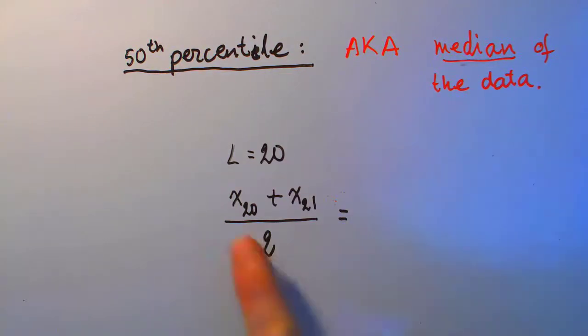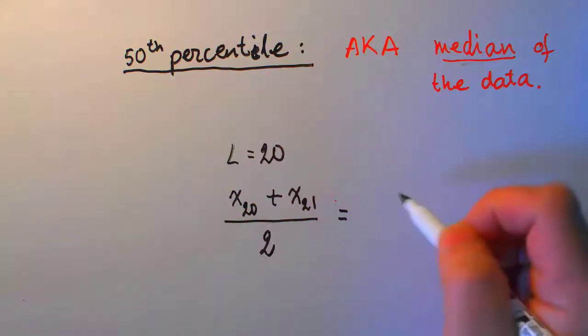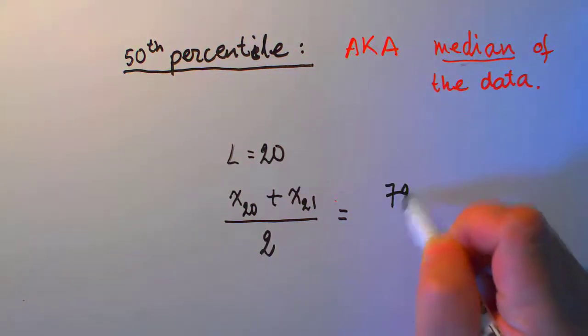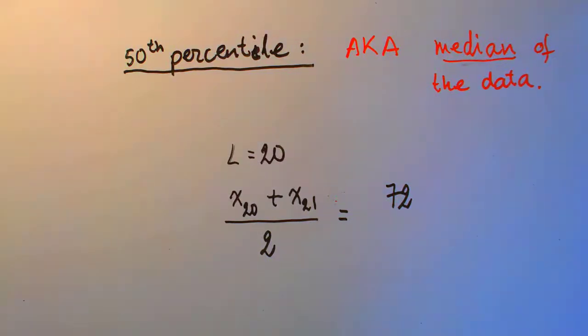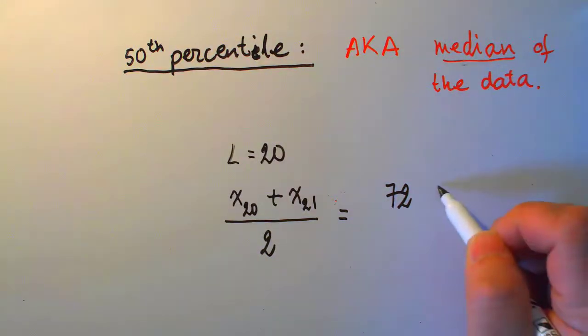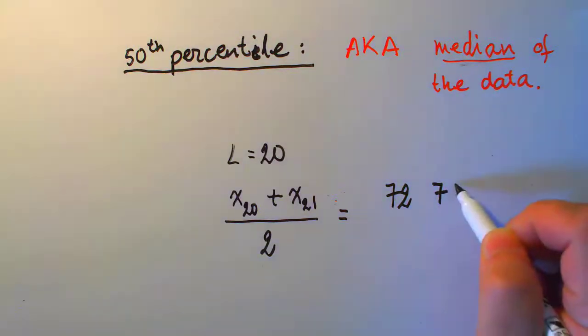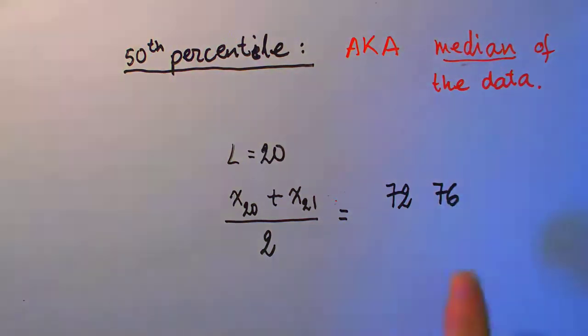The 20th value on the list was 72, the last 72 among the repeated 72s. And the 21st value was 76, which is the first value among all the repeated 76s. We added them up and divided by 2.